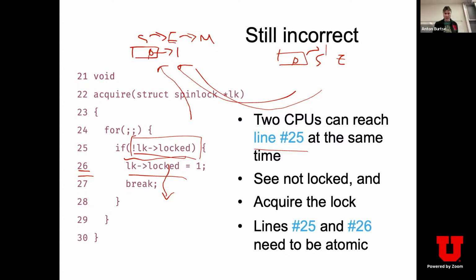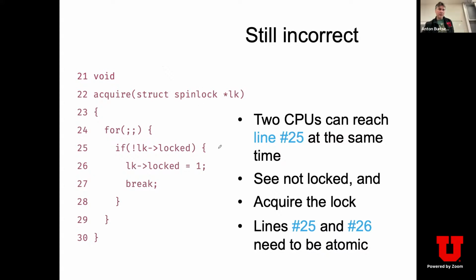At a high level, what you want is for these two lines to be executed atomically. I mean that the CPU which executes this check and upgrade to 1 should have no gap between the check and the upgrade. Either you see 0 and upgrade to 1, or if you try to do that almost instantly on another CPU, you will see 1, right?